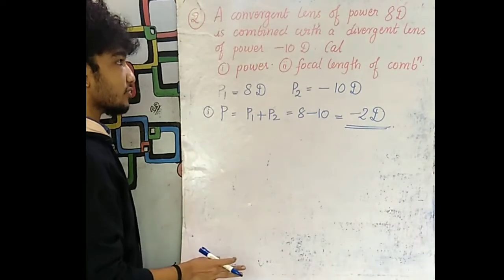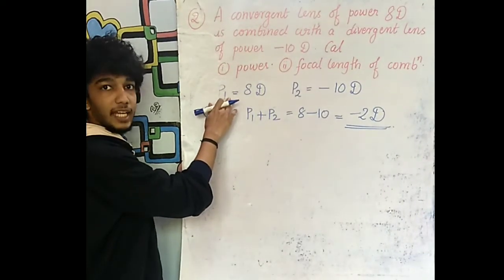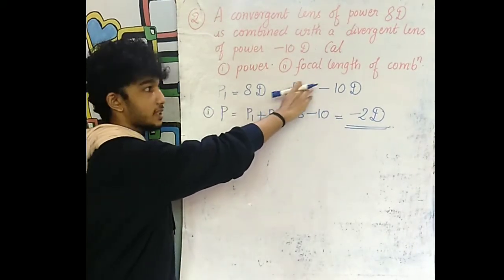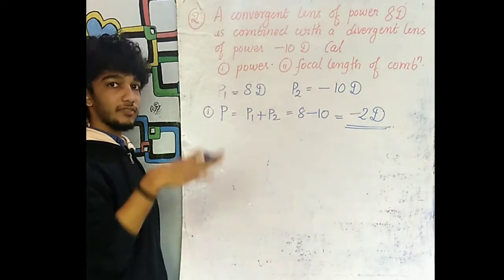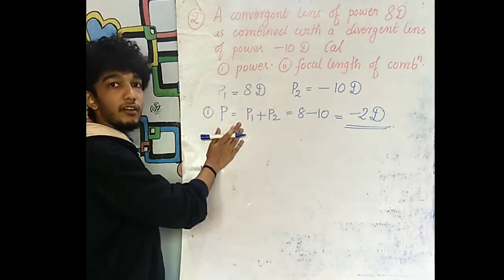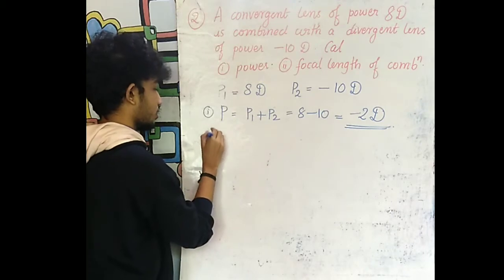See the focal length of the combination. There are two ways of finding it out. Either F1 can be found out by 1 by P1 and F2 by 1 by P2, and 1 by F is equal to 1 by F1 plus 1 by F2. That is quite difficult, because we have already found out the power of the combination. Now it is very easy for finding the focal length.